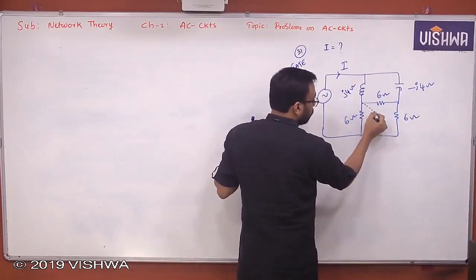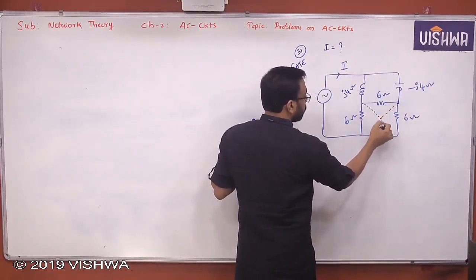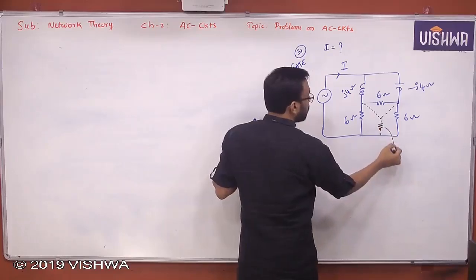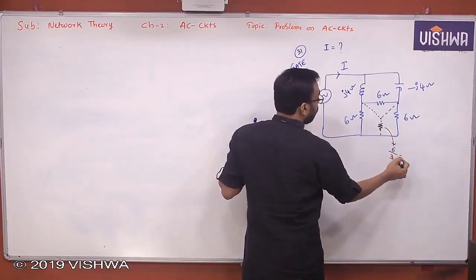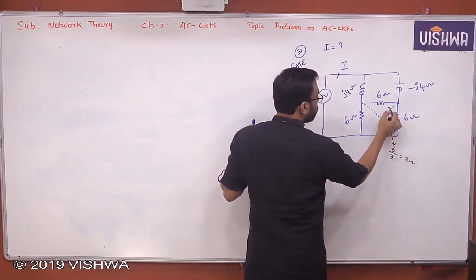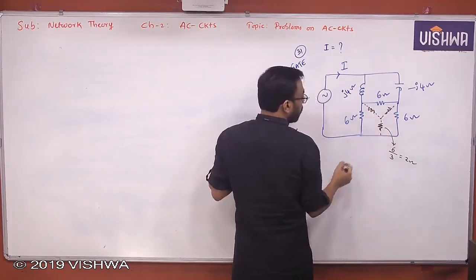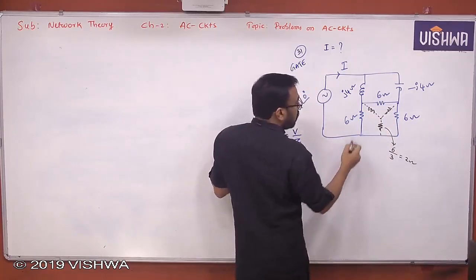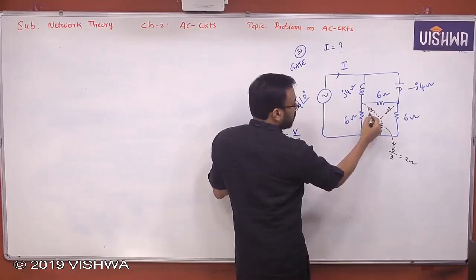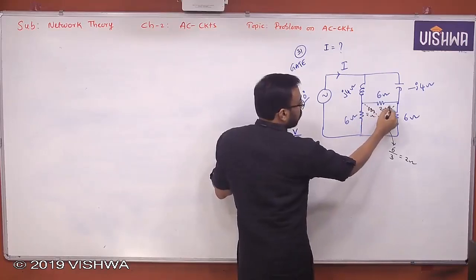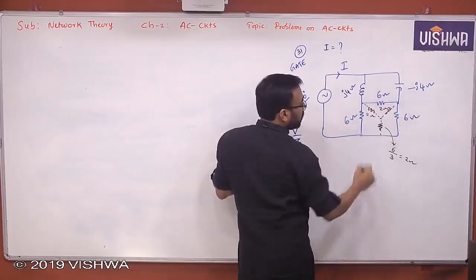So what is this? 6 by 3 for equal values is 2 ohm. Here also it is 2 ohm, here also 2 ohm. So finally you got this J4 in series with 2 ohm, this is also 2 ohm, and minus J4 in series with 2 ohm.